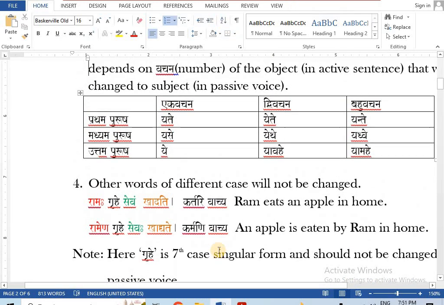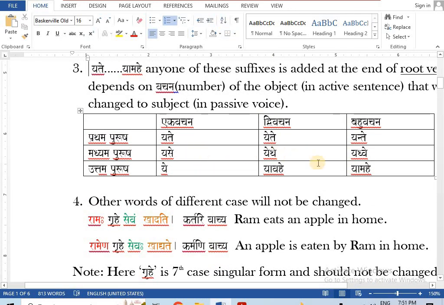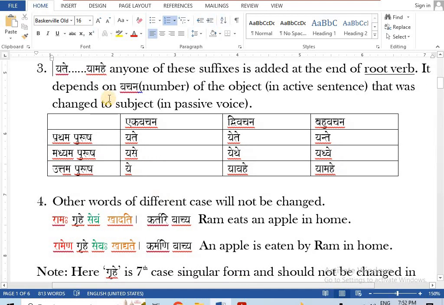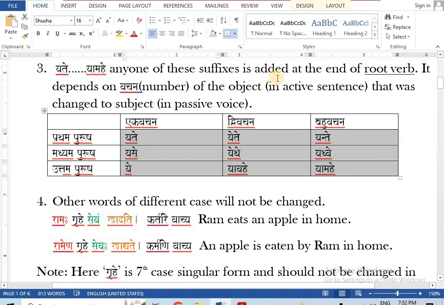These were the suffixes. Remember: yate, yete, yante, yase, yethe, yadhve, ye, yavahe, yamahe. Out of these 9 suffixes, only one suffix you have to choose, yate to yamahe, and it is added at the end of the root verb. Which of the 9 you choose depends on the vachan, the number of the object in active voice, which later was changed to the subject in passive voice.